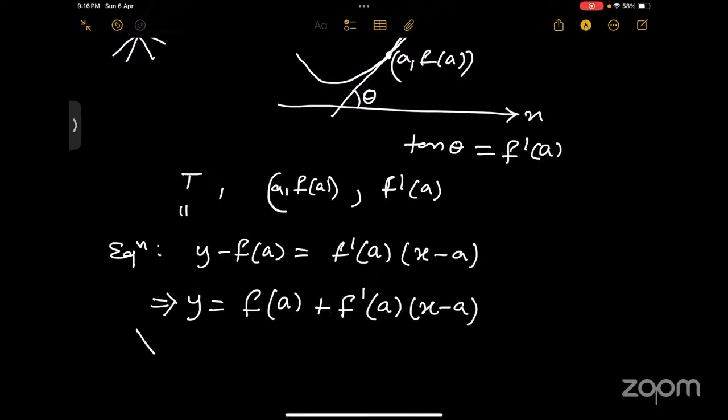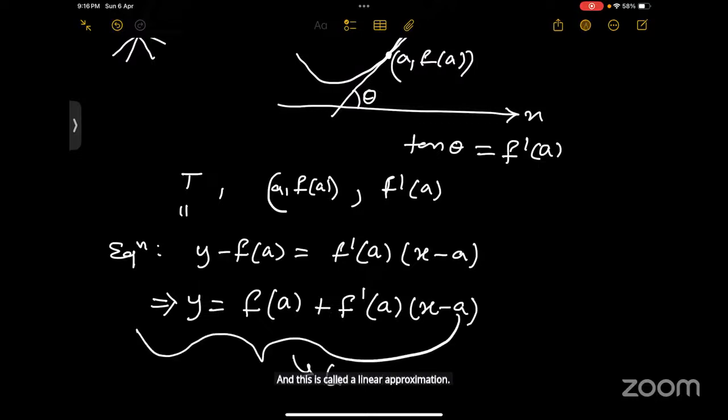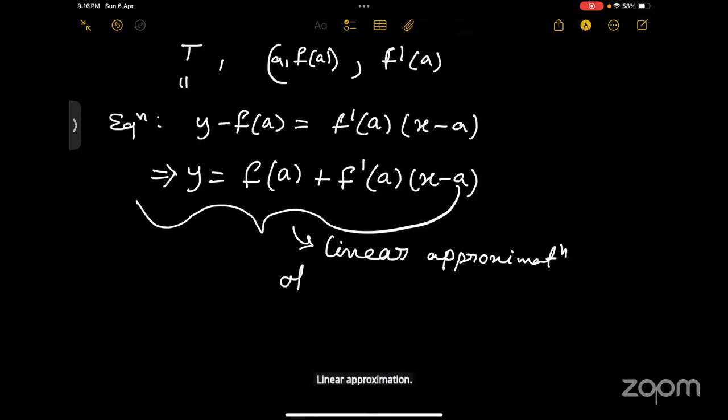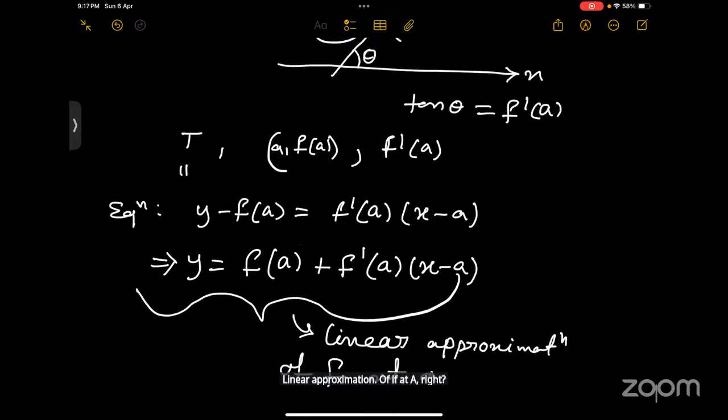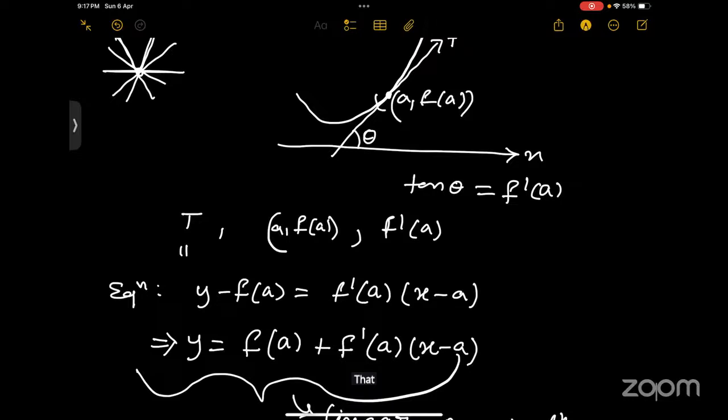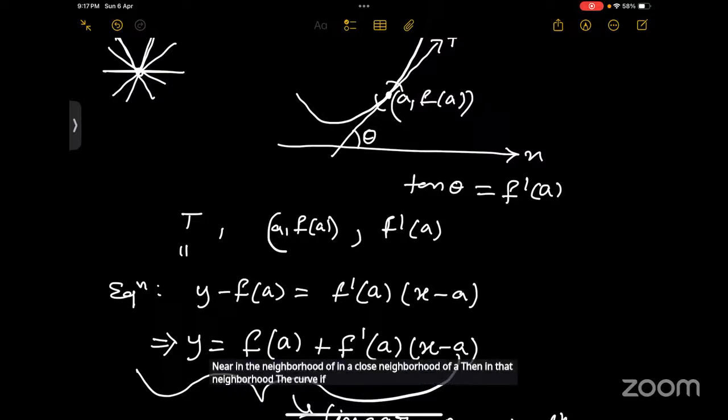And this is called a linear approximation of f at a, right? That means if I check in a close neighborhood of a, then in that neighborhood the curve f and the tangent line are almost the same.